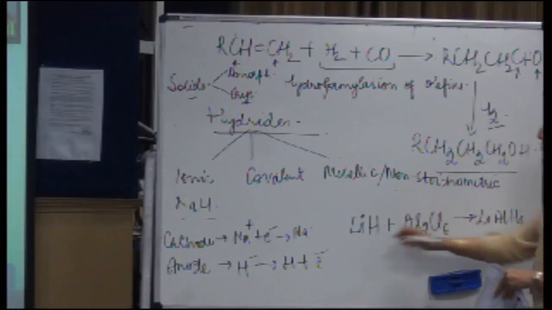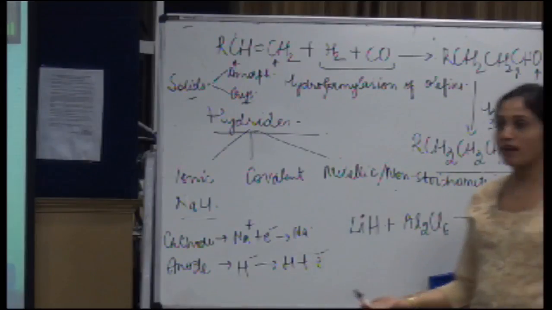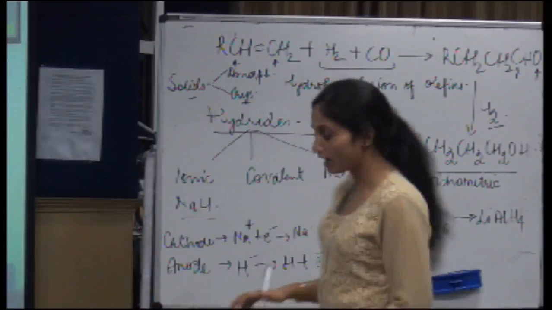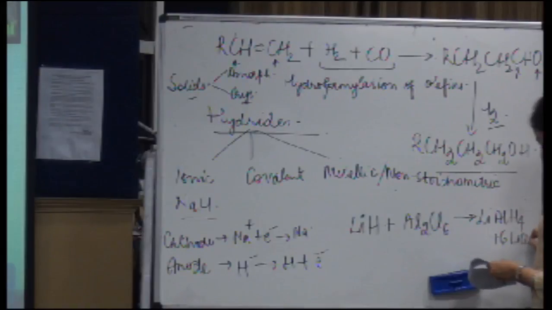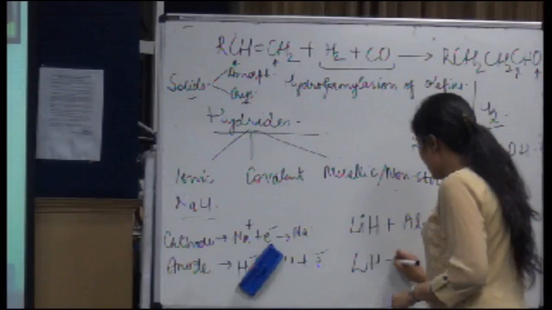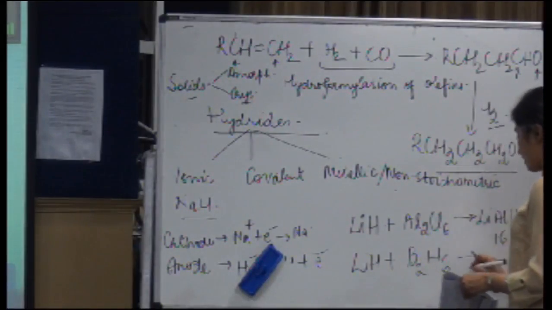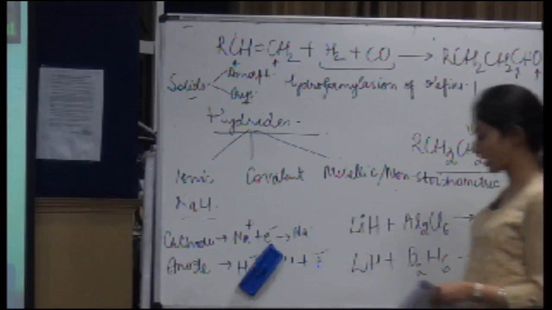So you have LiH plus Al2Cl6, normal lithium hydride, to give you lithium aluminium hydride, plus 6 LiCl. And why do we prepare that? Because it has better reducing properties. Otherwise there is no point. Similarly, these reactions have been picked up from your previous year question papers. LiH plus B2H6 will give you LiBH4 plus, check out the side product.